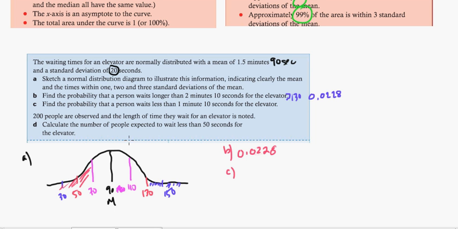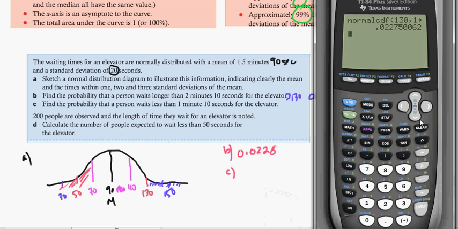Again, we just go to a calculator. I normally clear this off and just go second distribution, normal CDF. Now I want to put my upper bound here, which happens to be the 70. For my lower bound, I'm just going to put a really small number. So I'm going to put -1 second e to the 99th power.